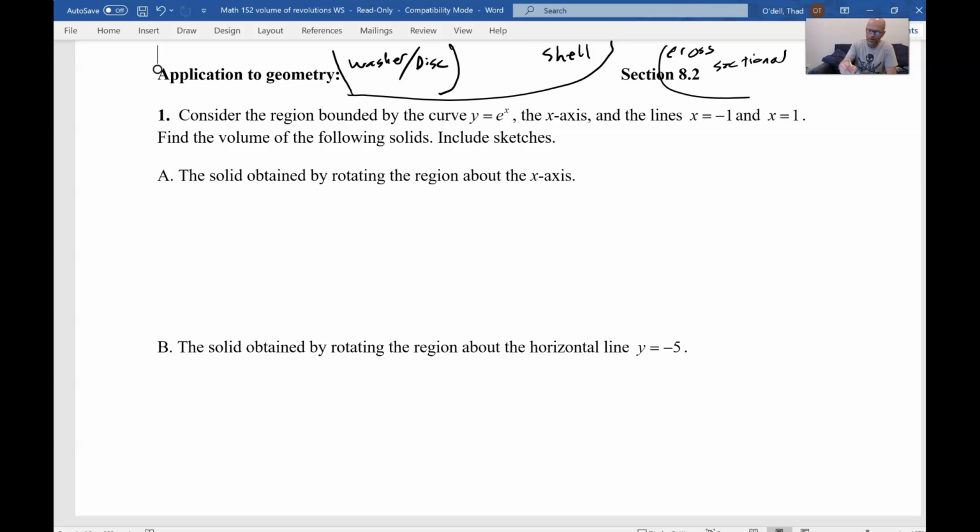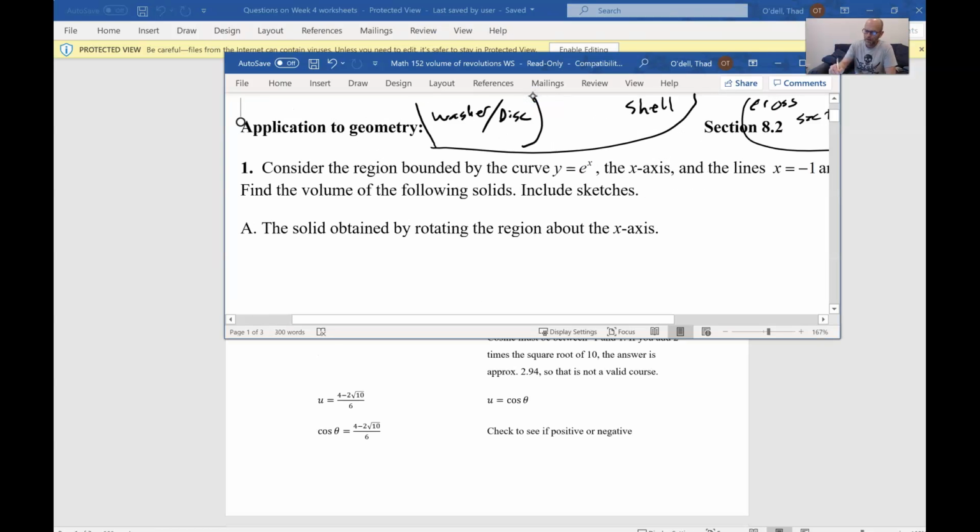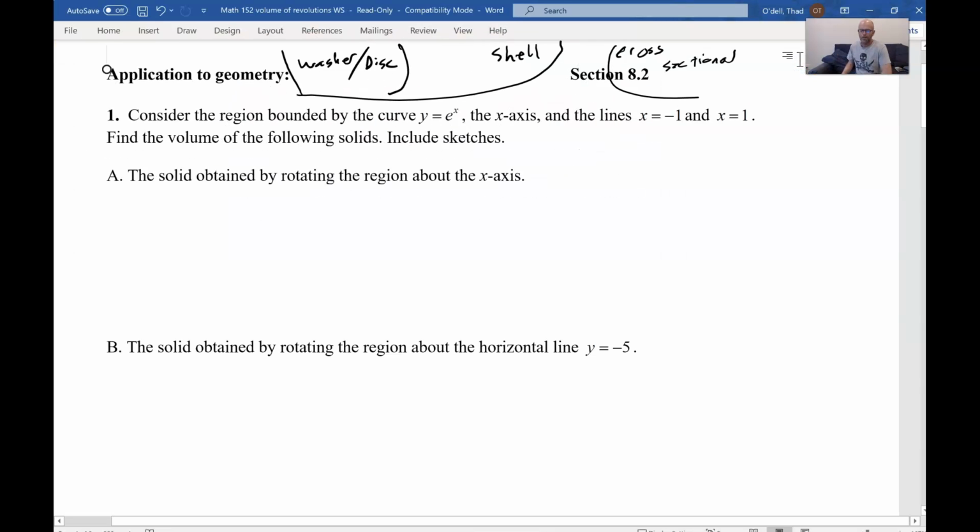Then there's the shell method, and whether you have a hole or not, you use the same method. These two together are two different methods that are used when you're rotating things. So anything you can do with the washer-disk method, in theory, you could do with the shell method also.